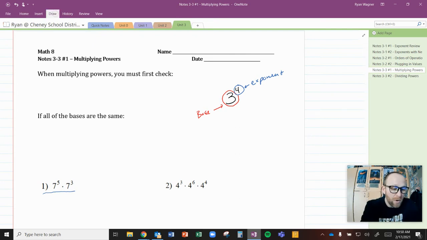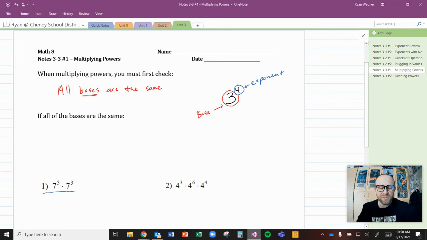When multiplying powers, you must first check that all bases are the same.